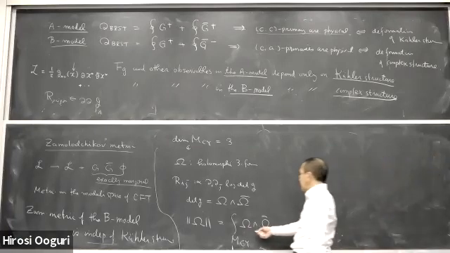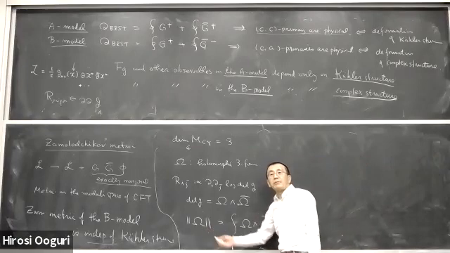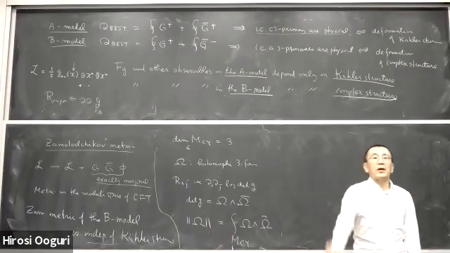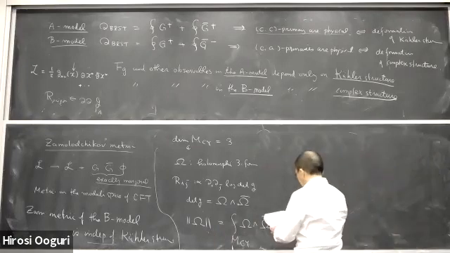It turns out that this actually gives you the Kähler potential for the moduli space of the Calabi-Yau manifold.